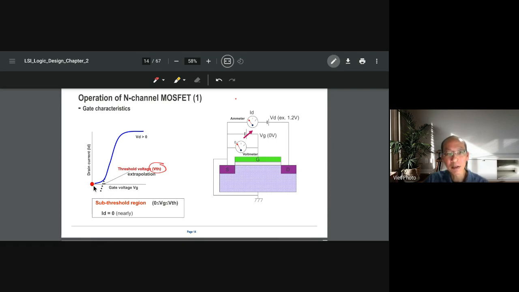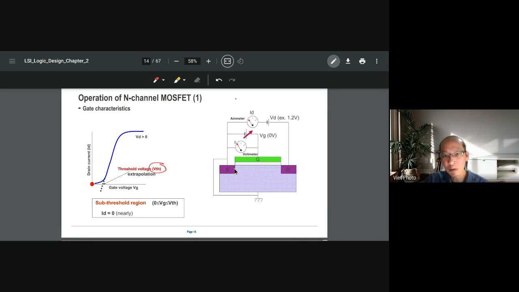Then you see that the current is almost zero here, because there are not many free electrons to conduct. Whatever electron exists in the lattice moves, and then it can cause current from here to here, right?